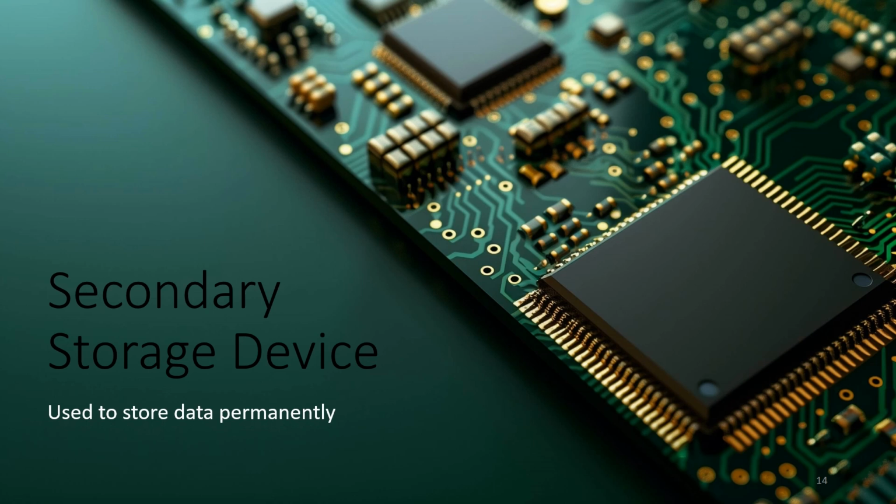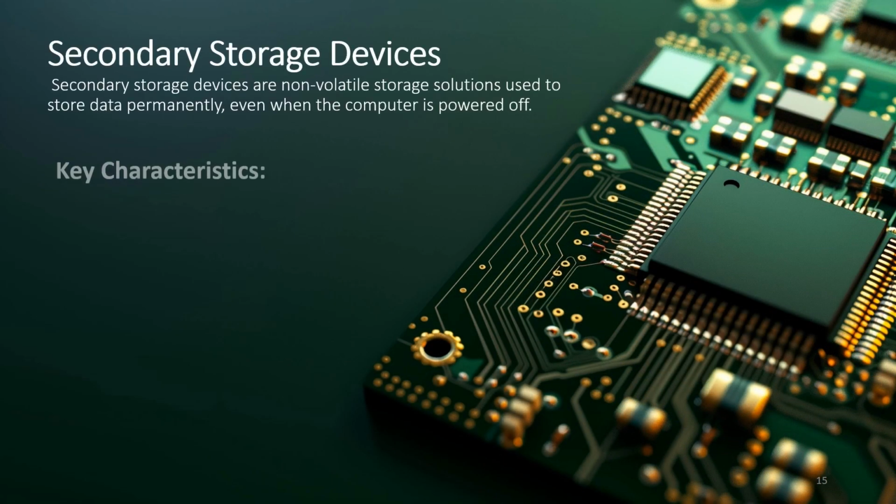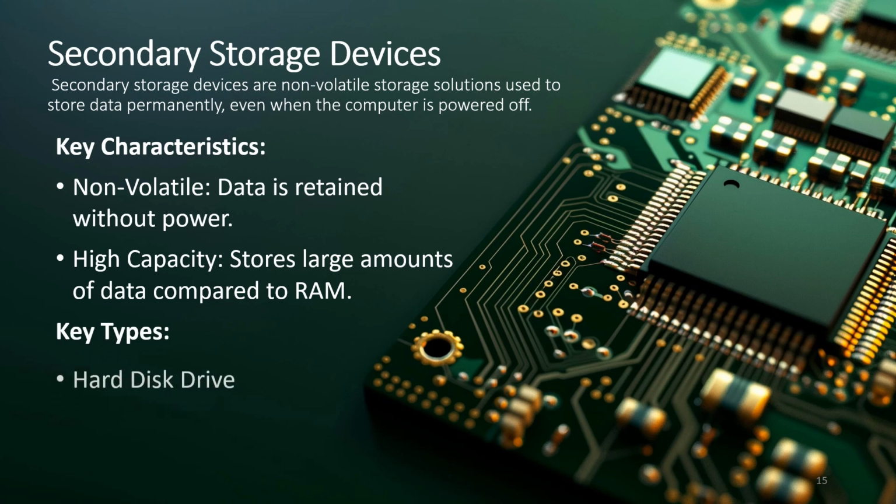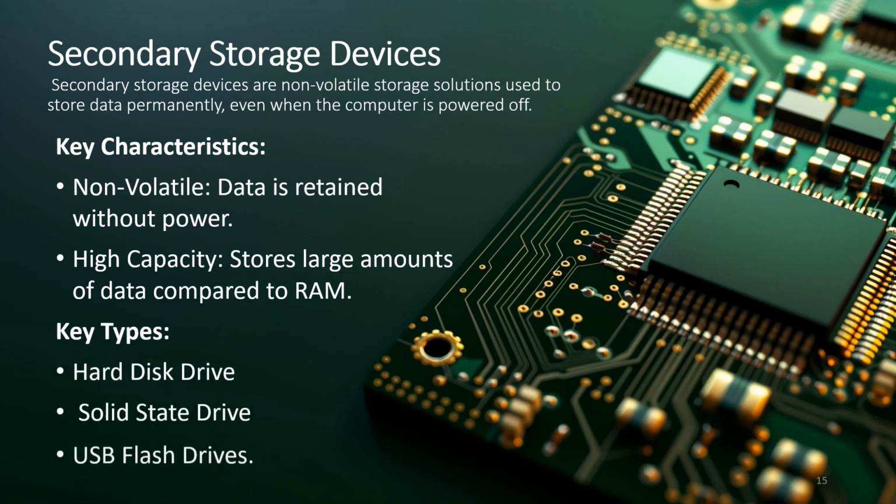The secondary storage devices are the devices that we use to save our data for long-term purposes or permanently. Secondary storage devices are non-volatile storage solutions used to store data permanently even when the computer is powered off.